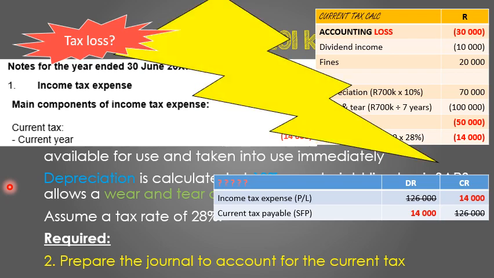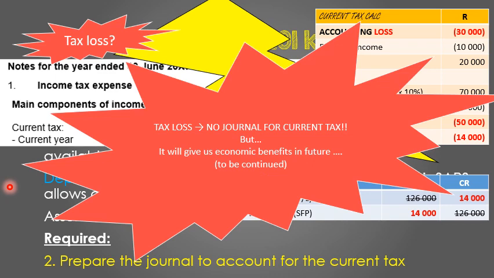I'm not suggesting that you will be hit by lightning if you do this. However, please, when there is a tax loss, we do not do a journal for current tax. However, you might think to yourself, okay, but there will be a benefit to us in the future with regard to this tax loss, because we know that the revenue services will allow us to use that tax loss next year when we do start making profits, and then we will pay less tax.